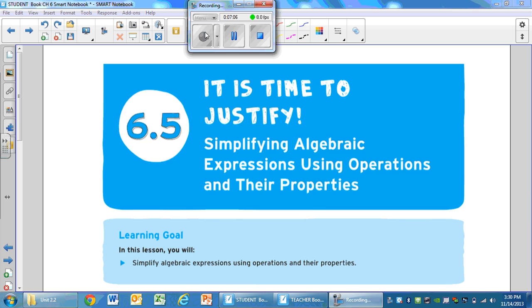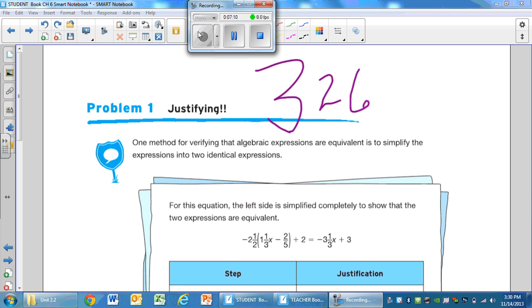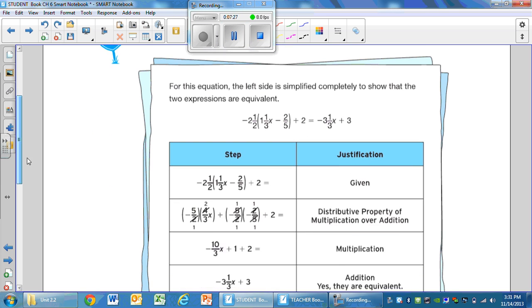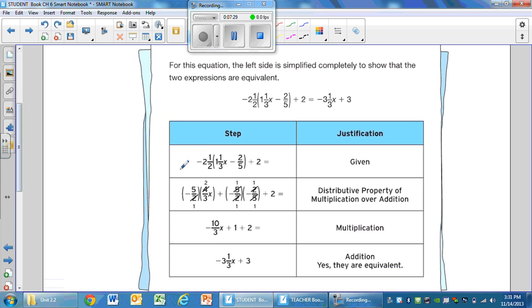6.5, it's time to justify. All right, let's be on page 326. One method for verifying that algebraic expressions are equivalent is to simplify the expressions into two identical expressions. So let's look at this example problem here.